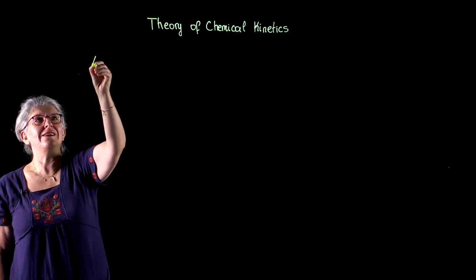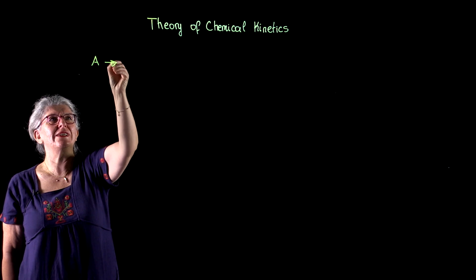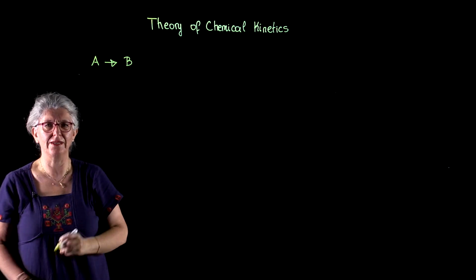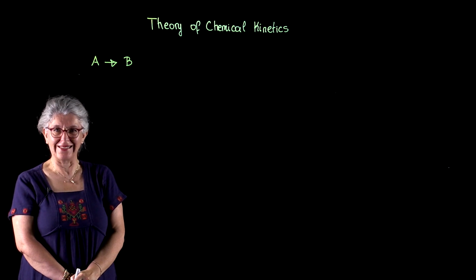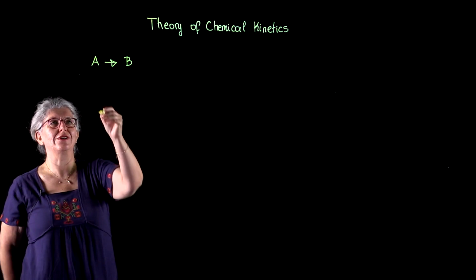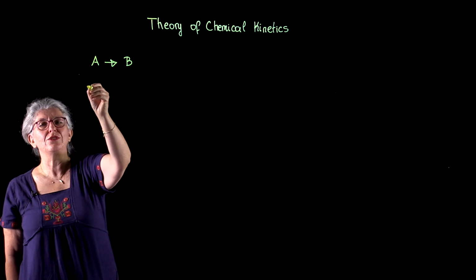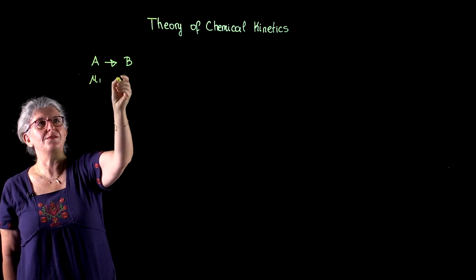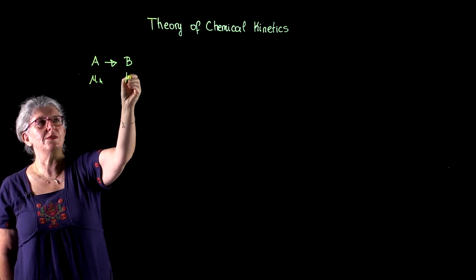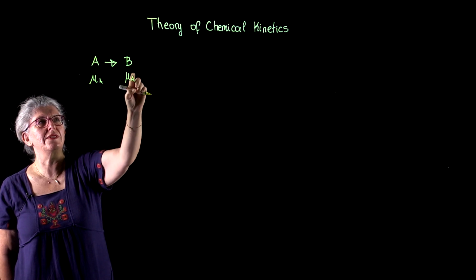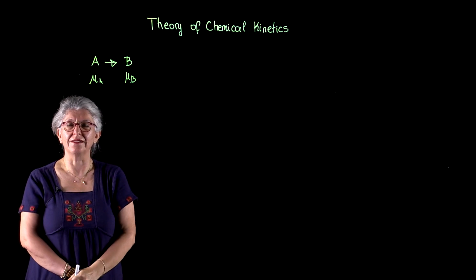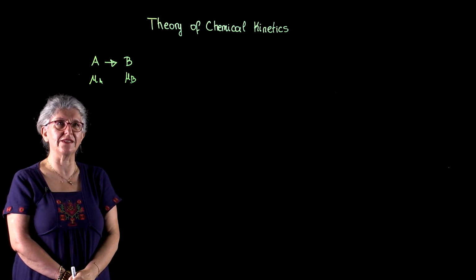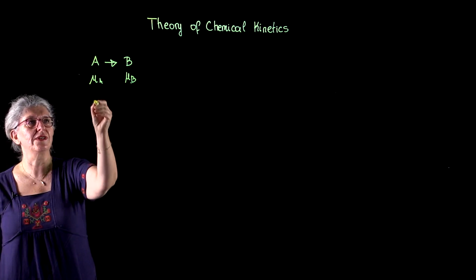So we have already established that going from A to B, the isomerization reaction occurs due to a difference between the chemical potentials of the species A and B. The driving force for this reaction is the chemical potential difference.